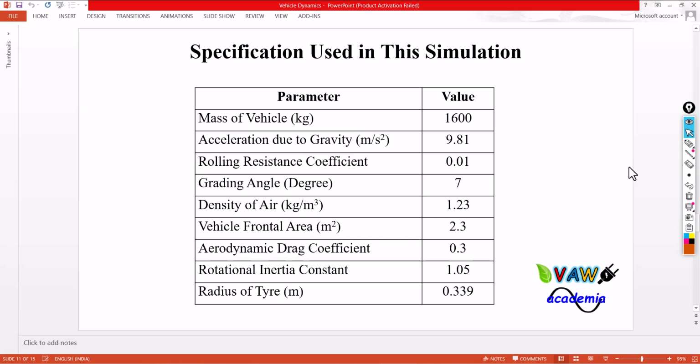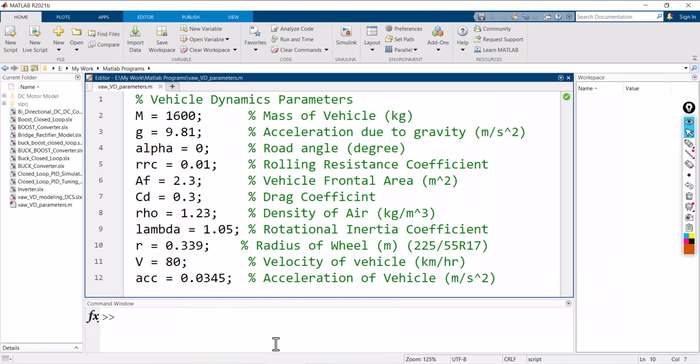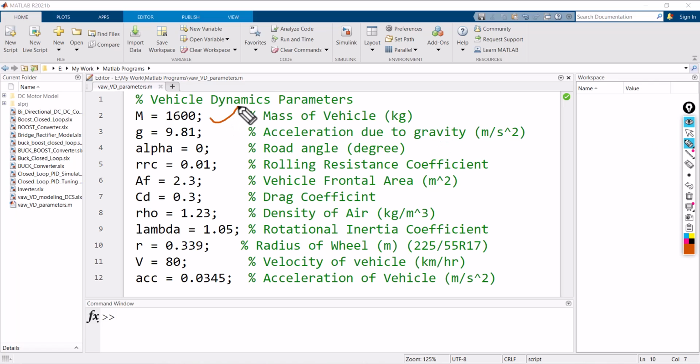Now it is time to start the simulation. Going to Matlab. In step 1, we have to create an M file which contains all your vehicle parameters. Here I already created an M file with the mass of the vehicle, acceleration due to gravity, alpha, all the values.